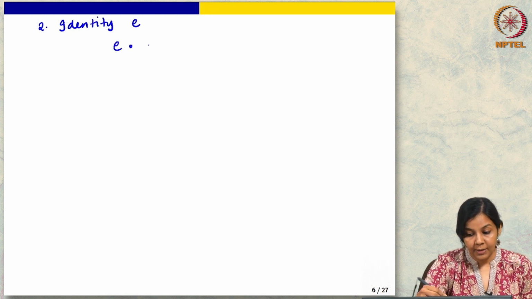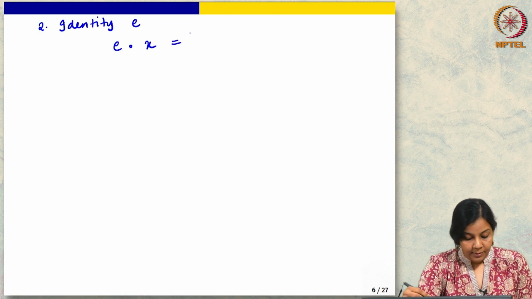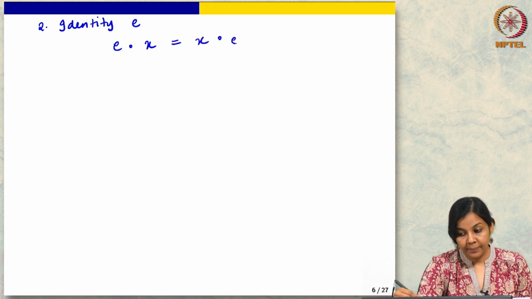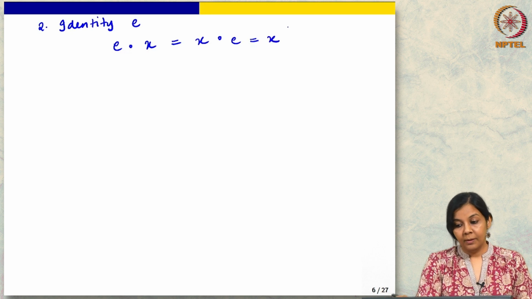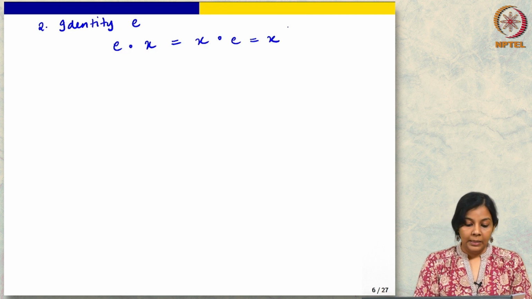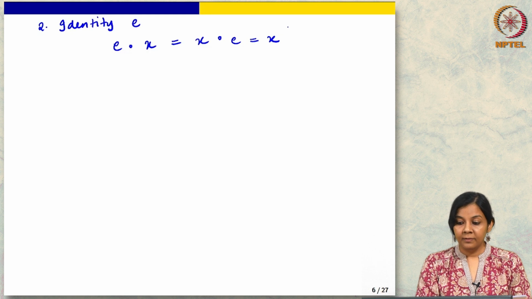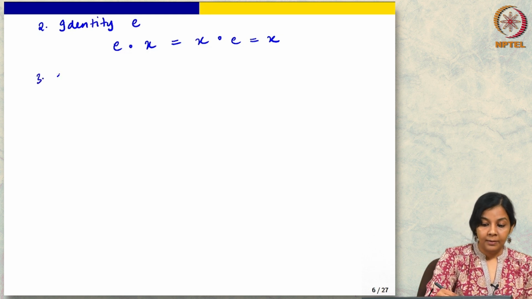There is identity, so E times X is X times E is X. There is inverse.